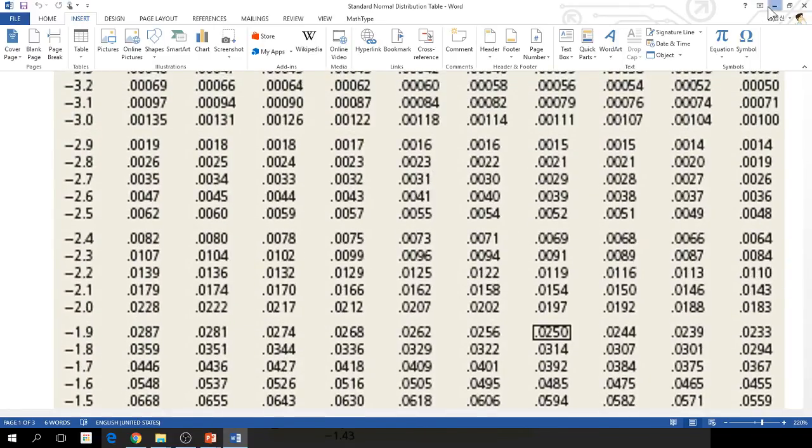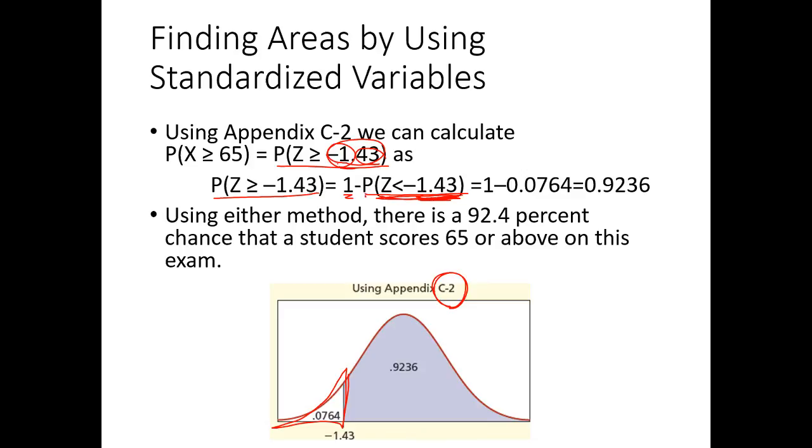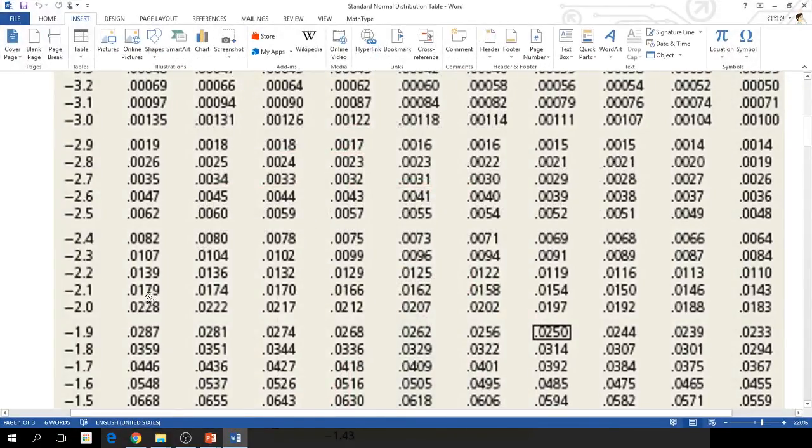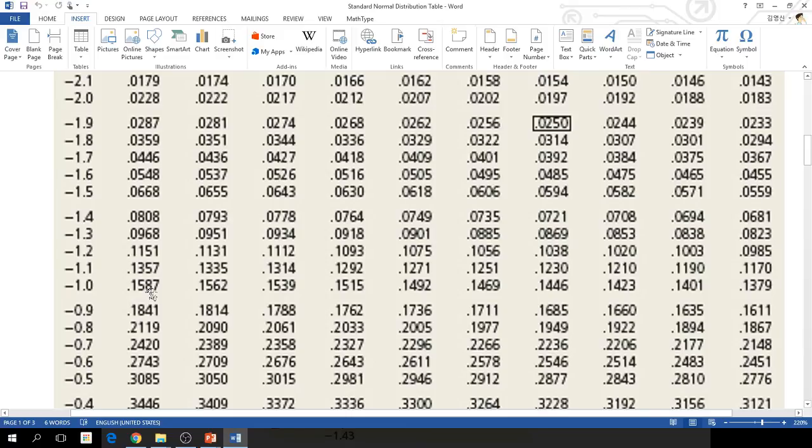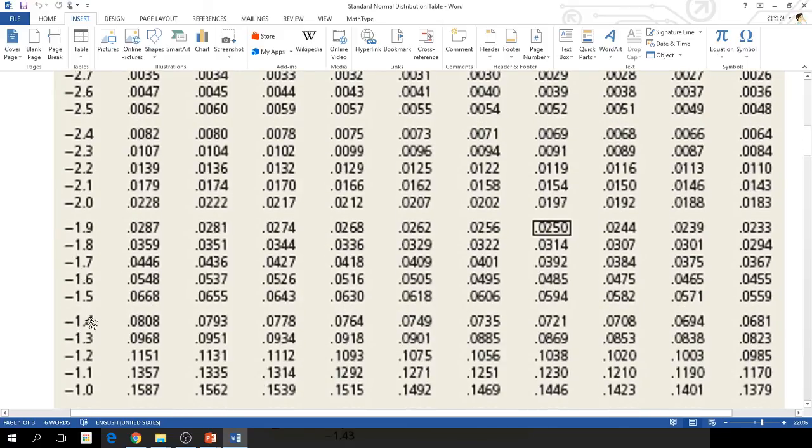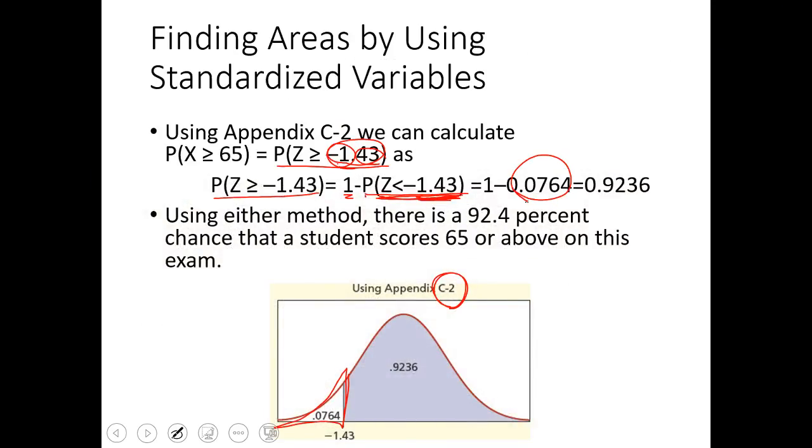So minus 1.43, here minus 1.4, 0.03, so then 0.0764. 0.0764, and we obtain 0.9236. Okay? So we can calculate this probability.